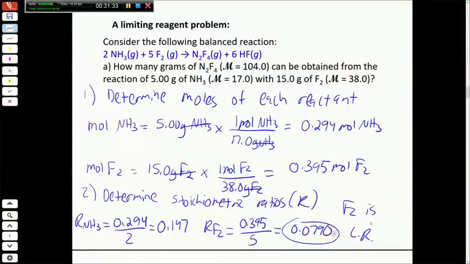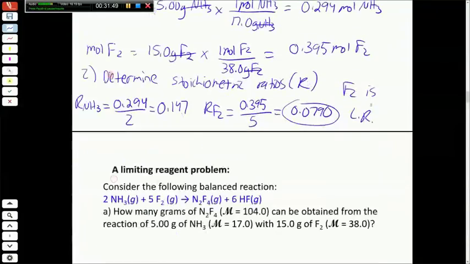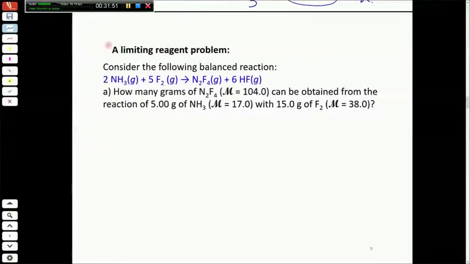So we've identified that F2 is the limiting reactant, and from here we can start the calculation as we normally would. But as I said, we have to be careful not to use this number again. Now that we've determined that F2 is the limiting reactant, that number is completely useless. So the third step is to do whatever calculation is required to get the answer.